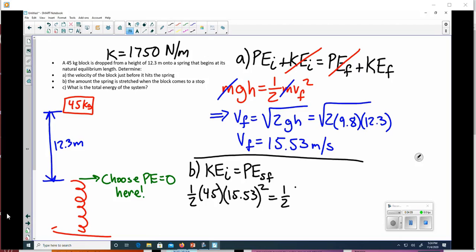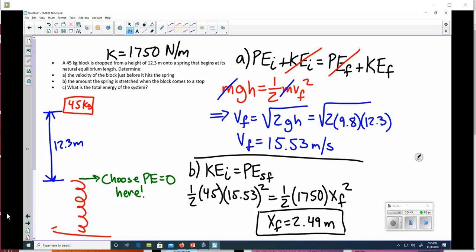And so here I realized that I had forgotten to put the spring constant in this problem. And so the spring constant's 1750 newtons per meter. And if you solve for the final compression of the spring, you find that it's compressed 2.49 meters.